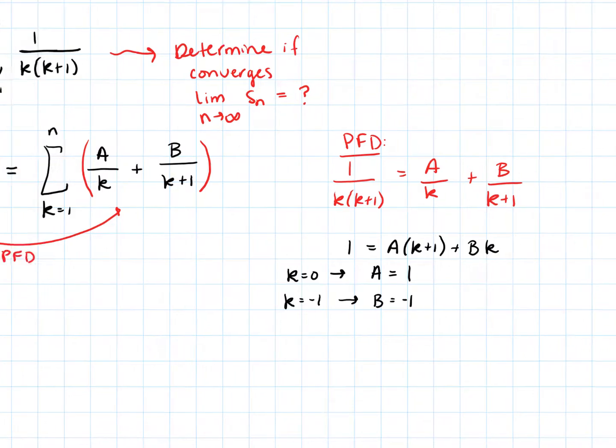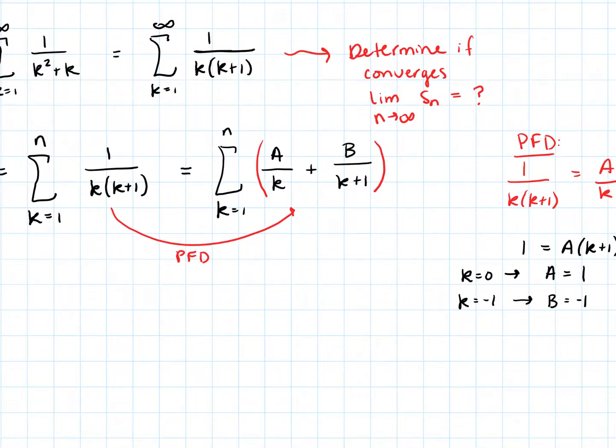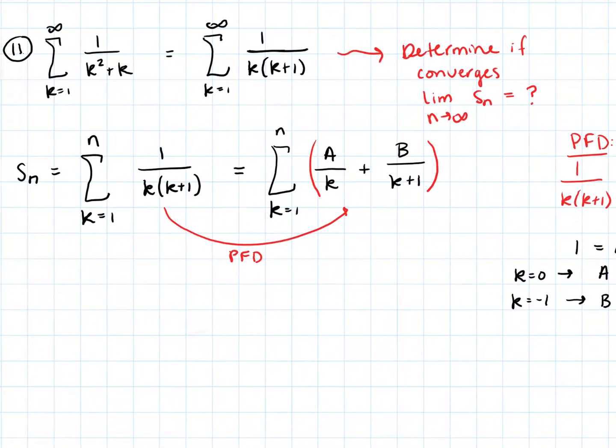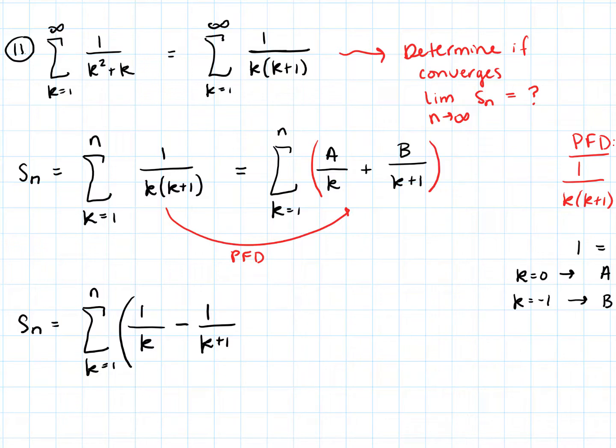With that side work done, we can express our nth partial sum as the sum from k equals 1 to n of 1 over k minus 1 over k plus 1.